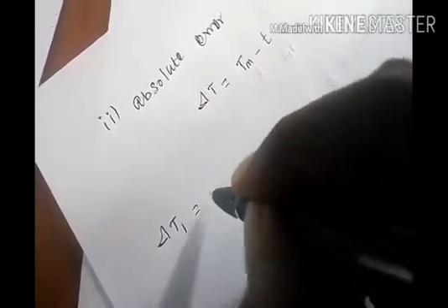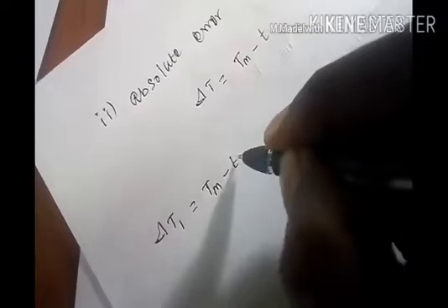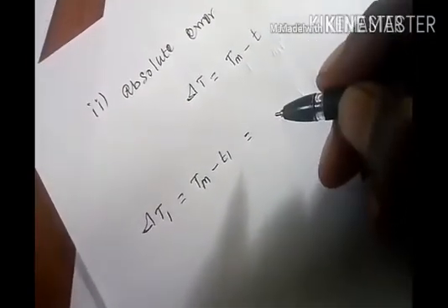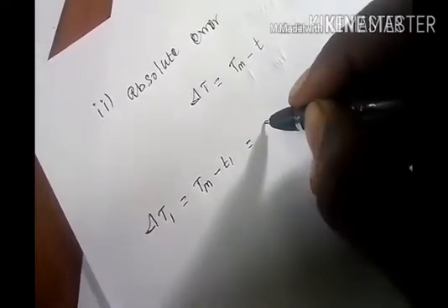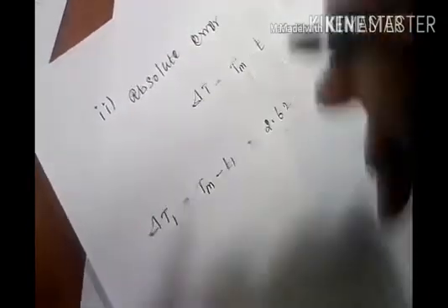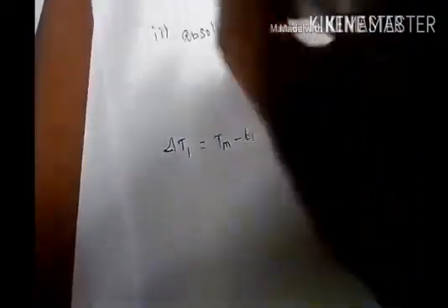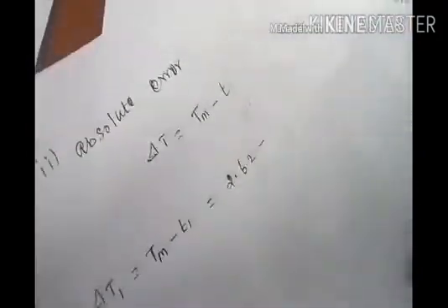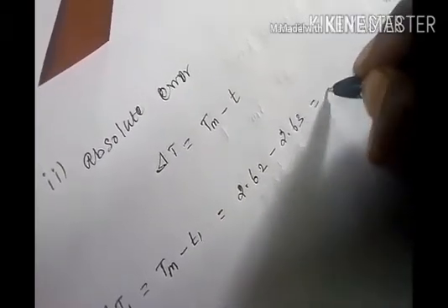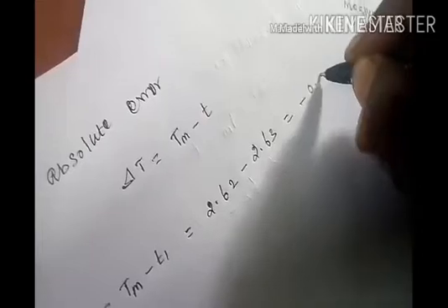Delta t1 equal to Tm minus t1, equal to 2.62 minus 2.63. So the result is minus 0.01 second.